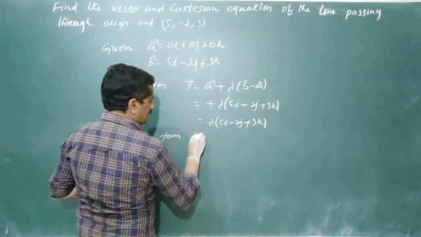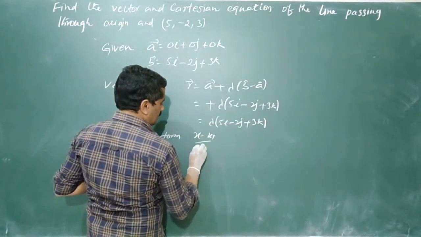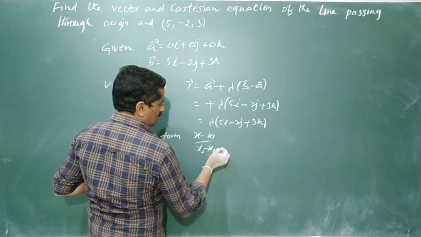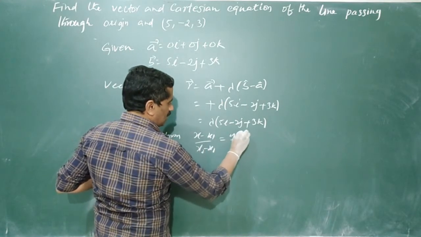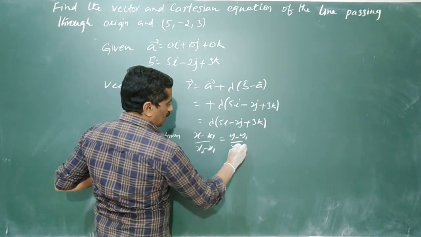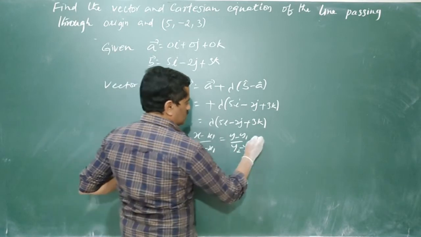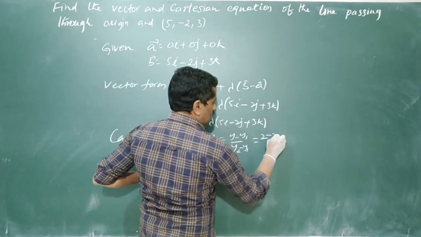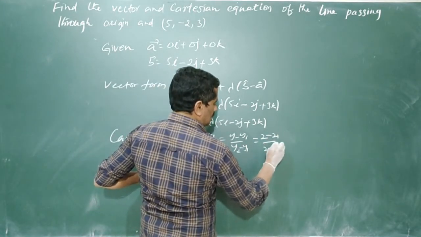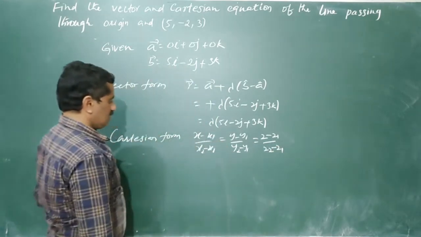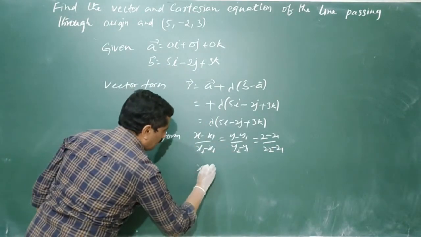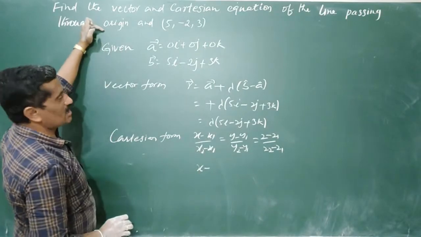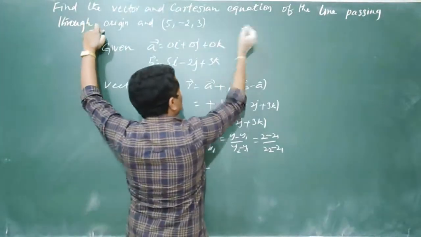That is x minus x1 by x2 minus x1 is equal to y minus y1 by y2 minus y1 is equal to z minus z1 by z2 minus z1. That implies x minus x1, what is the x1 value? Origin. What is origin? That is 0.